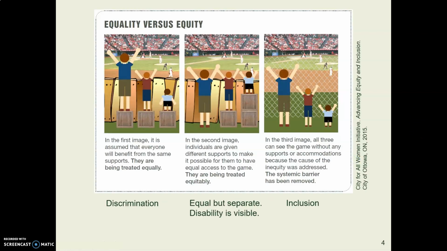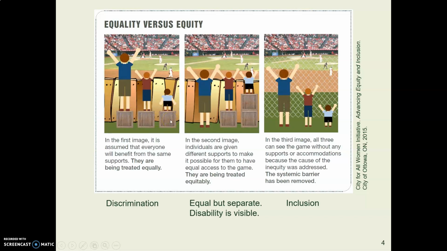This series of pictures from Ottawa, Canada, illustrates the idea of equal, separate is not equal. So here are three people trying to watch a baseball game. And one of the people is what you are sometimes referred to as little people, people who are under 3 feet tall.